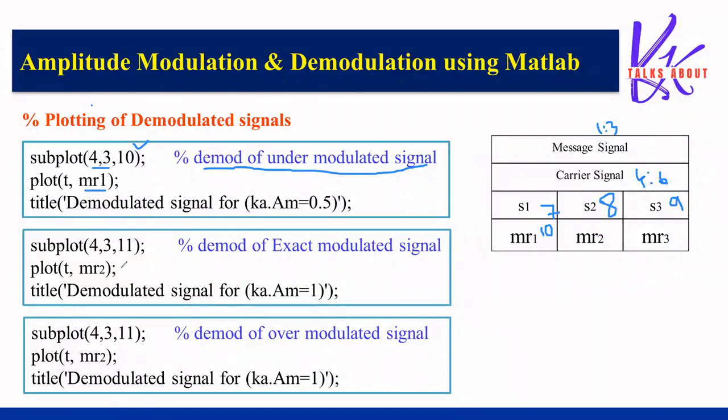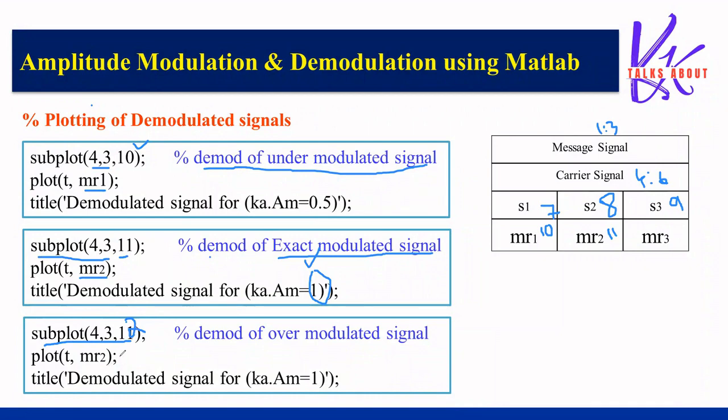Now in a similar way, subplot 4 comma 3 comma 11. So in the 11th place, we are going to plot the exact modulated signal, that is plot t comma mr2. So mr2 represents the demodulated wave of your exact modulated wave, where your modulation index is 1. And the third one, subplot 4 comma 3 comma, sorry, this is 12.